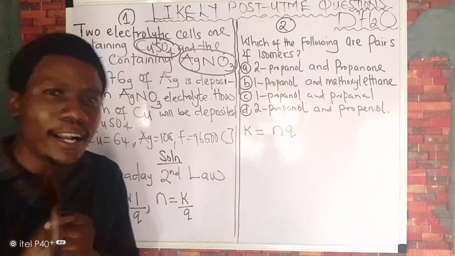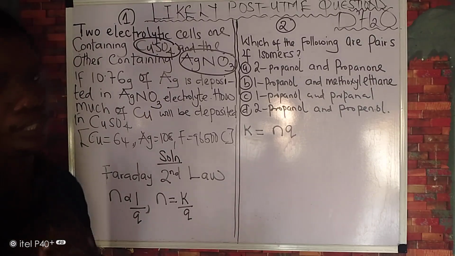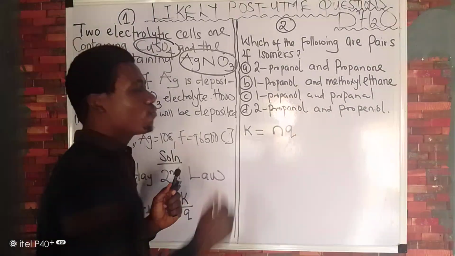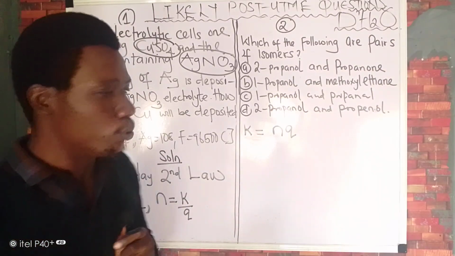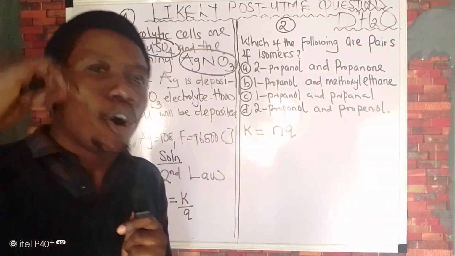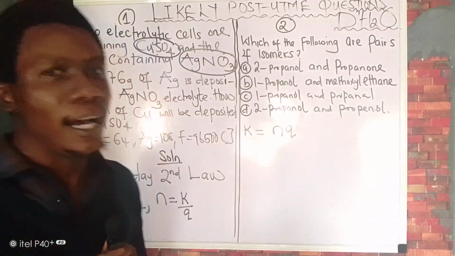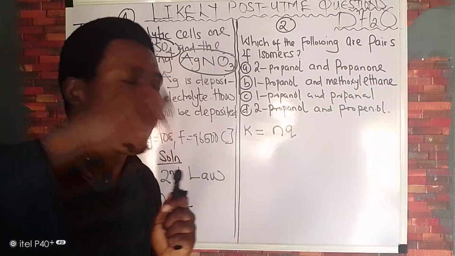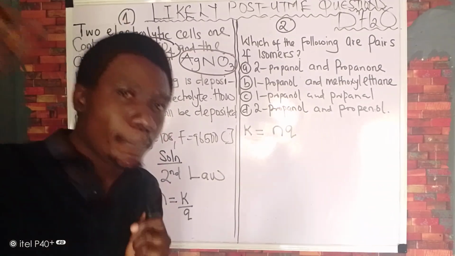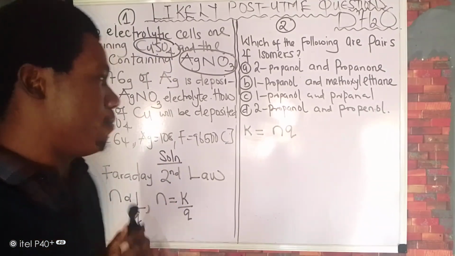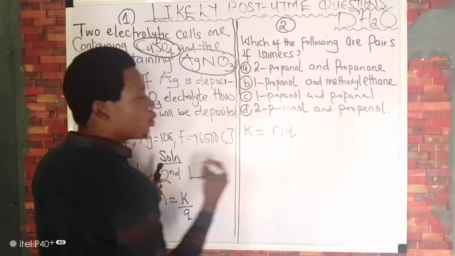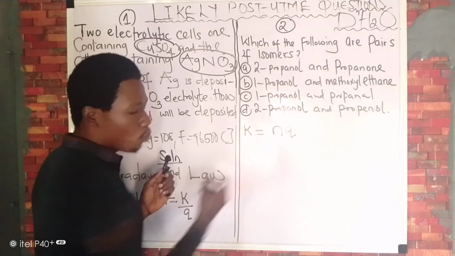So this is Faraday's second law of electrolysis. Now, N is the number of moles. Q is the oxidation state of the metal, or the number of electrons needed to deposit 1 mole of the metal.